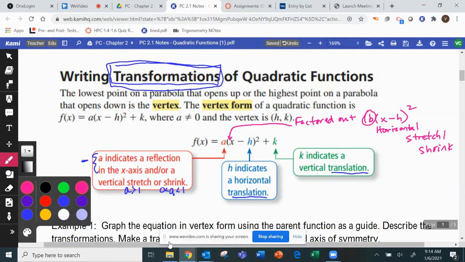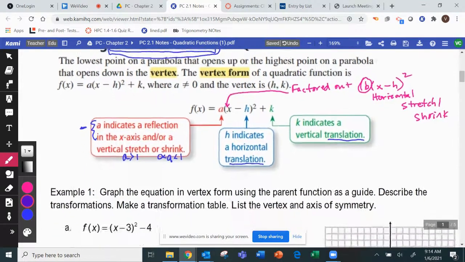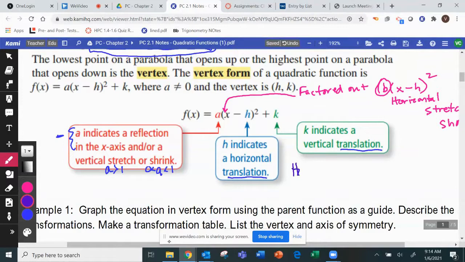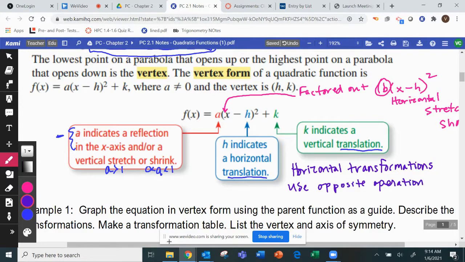And when we talk about horizontal, we need to remember that horizontal transformations use the opposite operation from the equation.